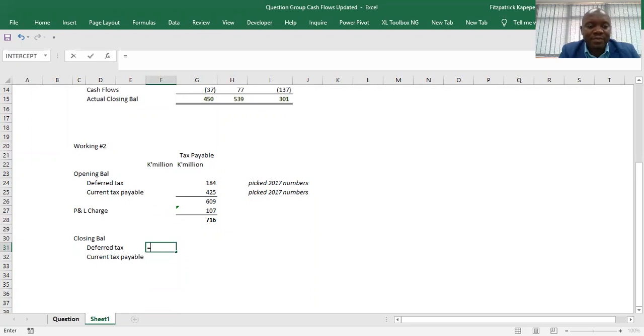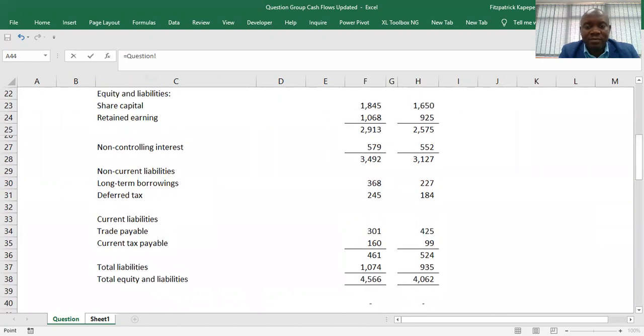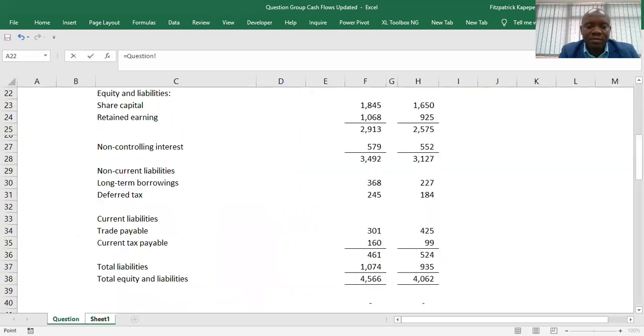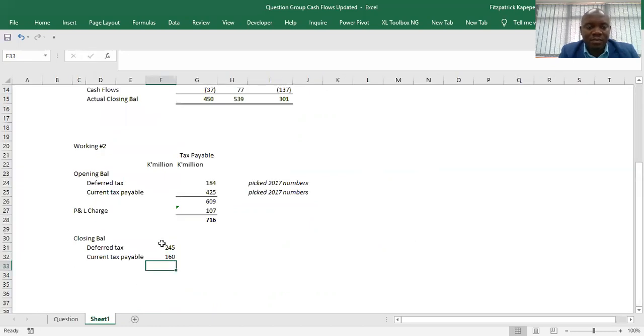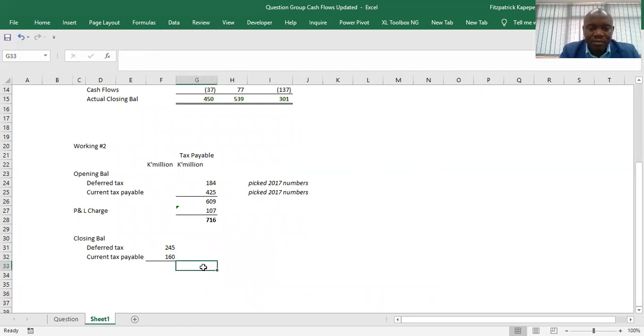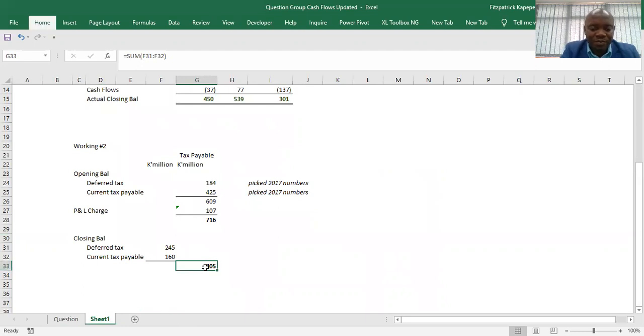So closing balance, guys. So this is the closing balance. Understand this concept so well.